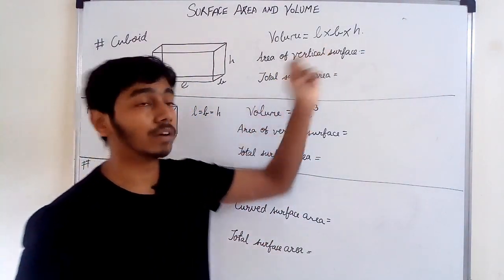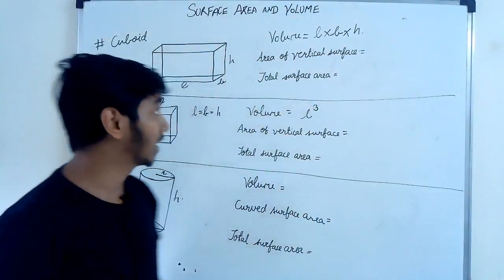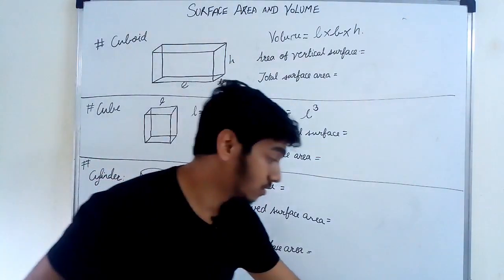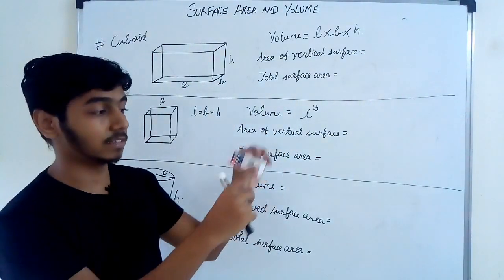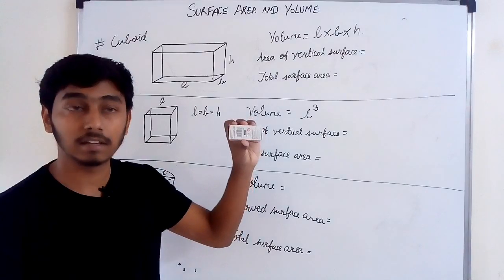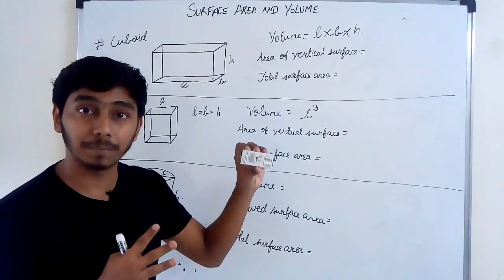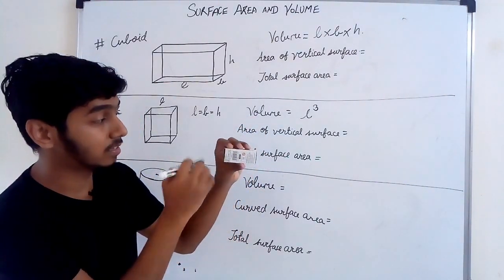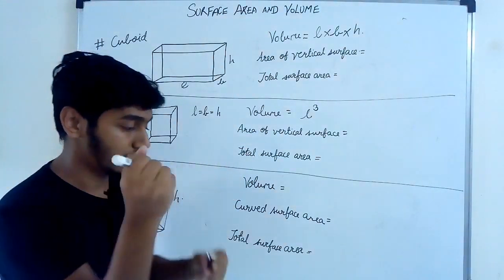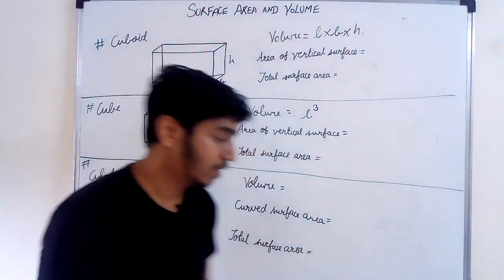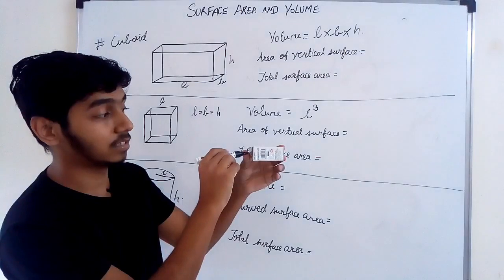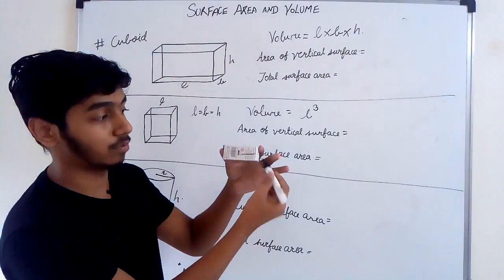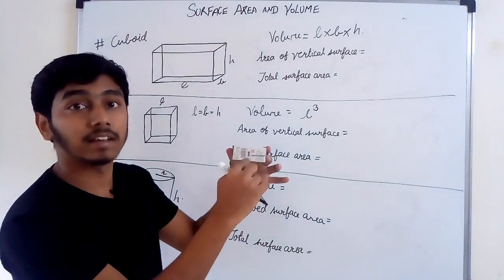Then, area of vertical surface. Now the cuboid is kept like this. If this is how it is kept, the vertical surface is this part, the part which is standing.